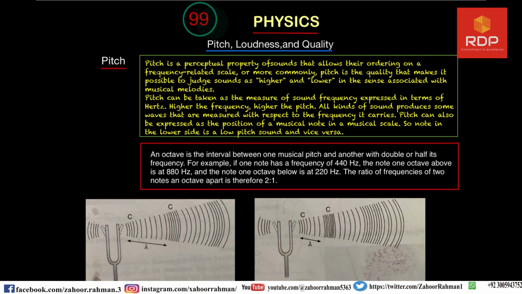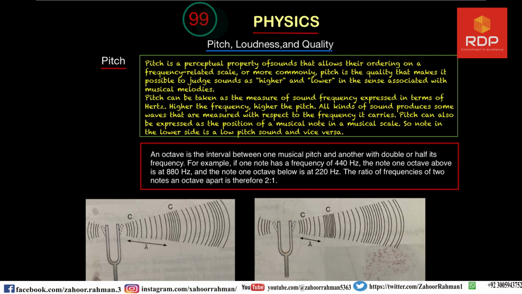We can study the concept of pitch in the school laboratory by means of two tuning forks of different lengths. The two figures show a tuning fork with long prongs and a tuning fork with short prongs, producing sound waves of different frequencies.